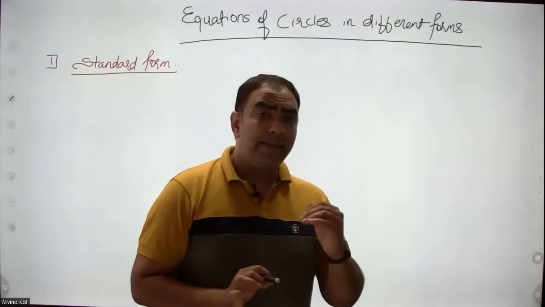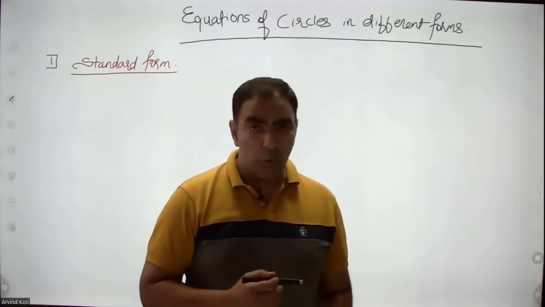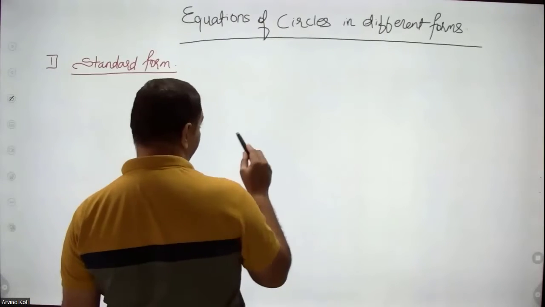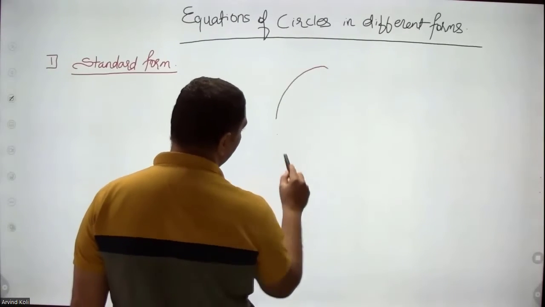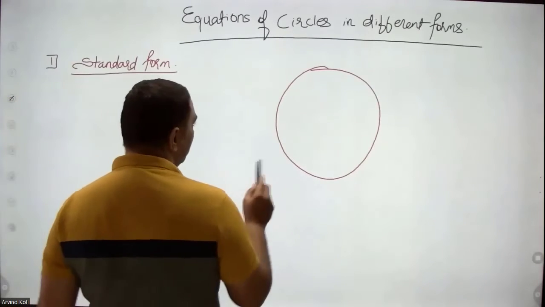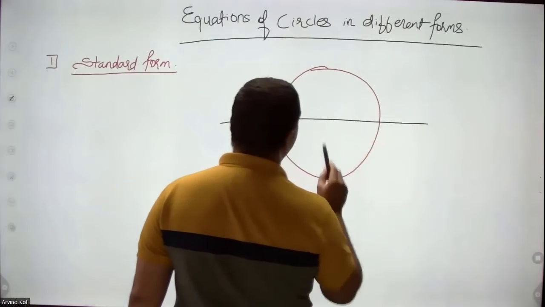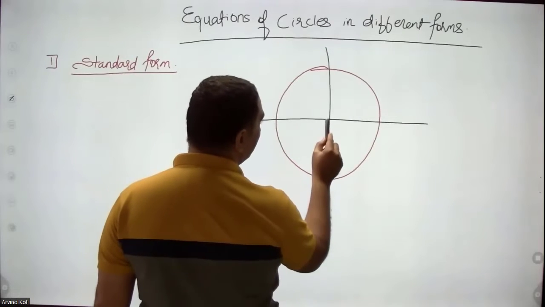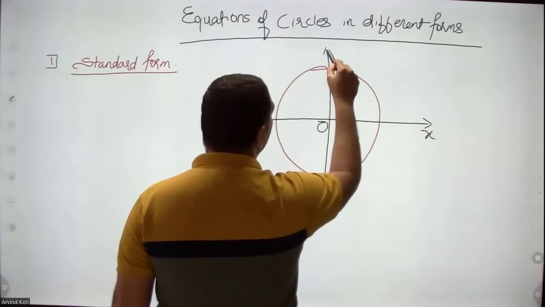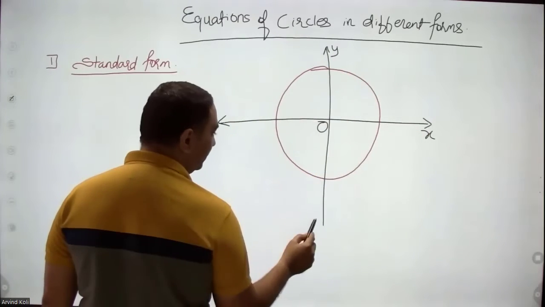Standard form means the center of the circle will be at the origin. So pay attention. Let's say this is this circle, and ये हमारा x-axis. This is the y-axis. This is origin.